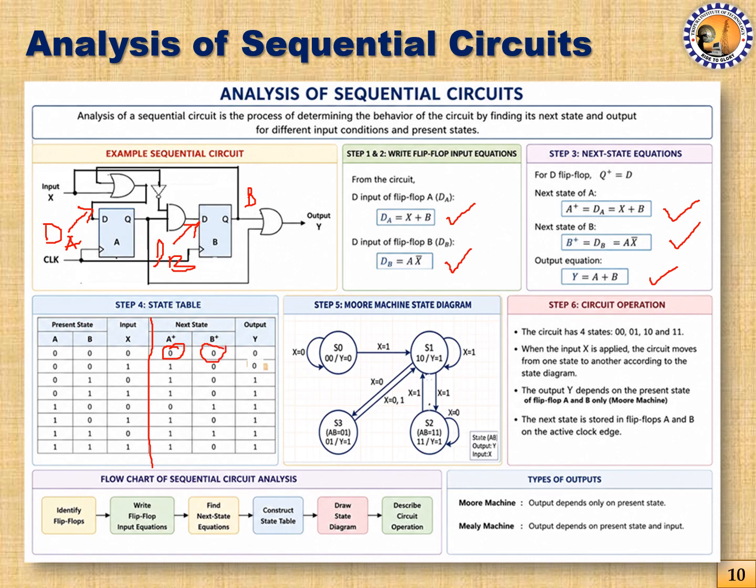And since both A and B are 0, the output will also be 0. In this way, if we work out the entire table for all 8 combinations of A, B, and X, we can find this state table.